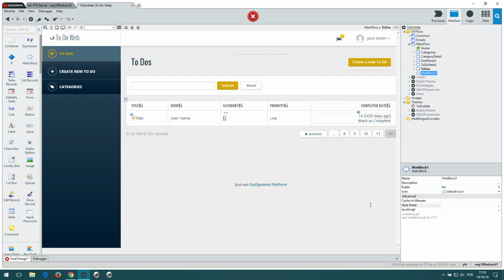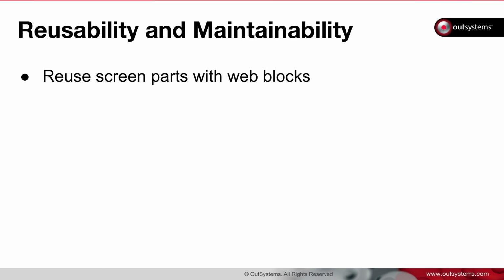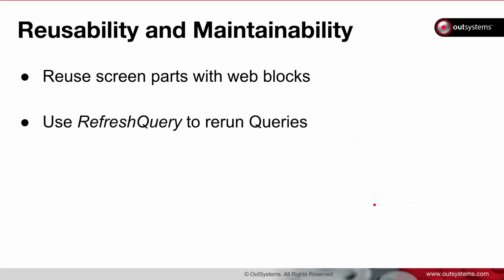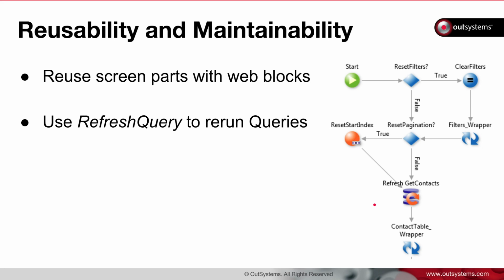Now, web blocks need to be identified, and I'll come back to this in 1 second. Use refresh query to rerun queries. Now, in this screen example, we have here a refresh query node or statement.